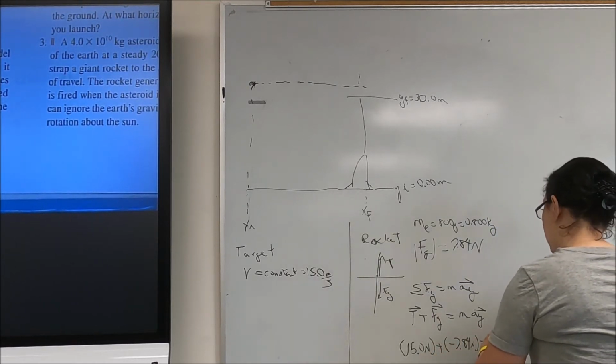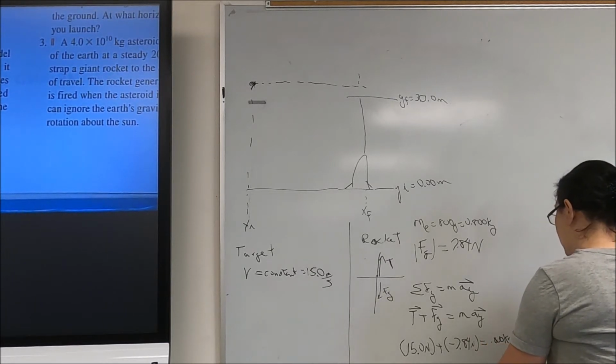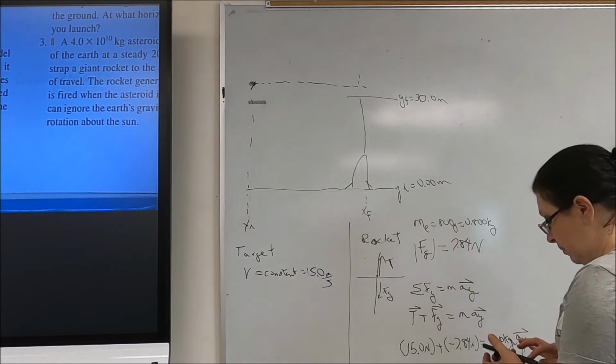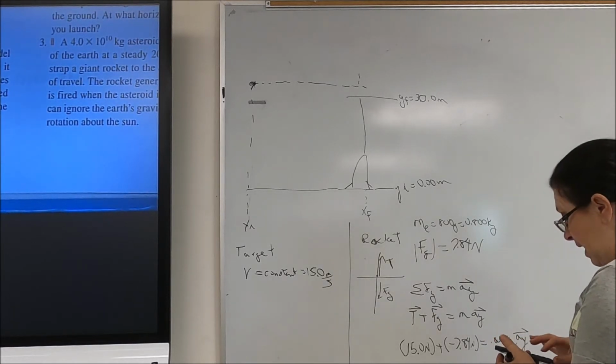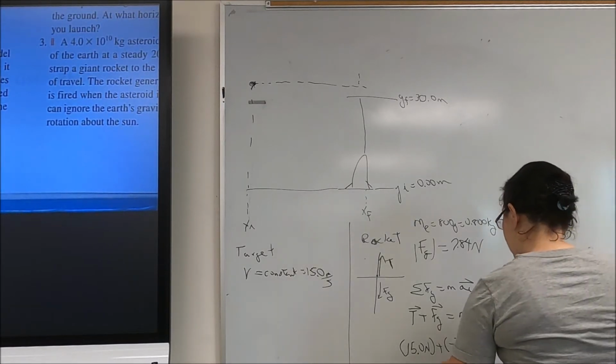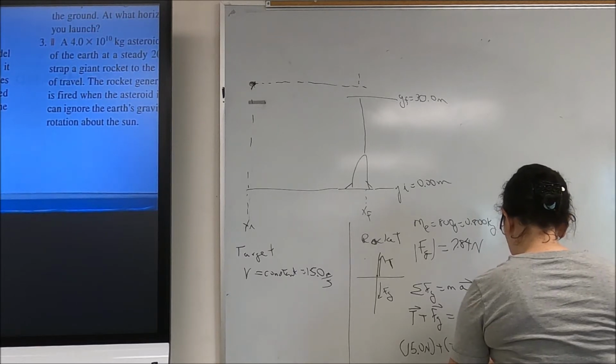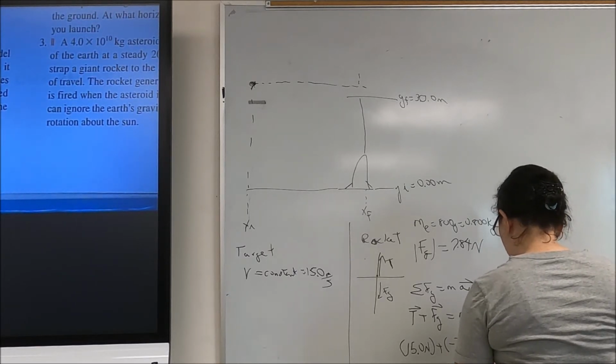The mass is 0.800 kilograms times acceleration in the y direction. So 15 minus 7.84 divided by 0.8 says the acceleration in the y direction is 8.95 meters per second squared, and it's positive.